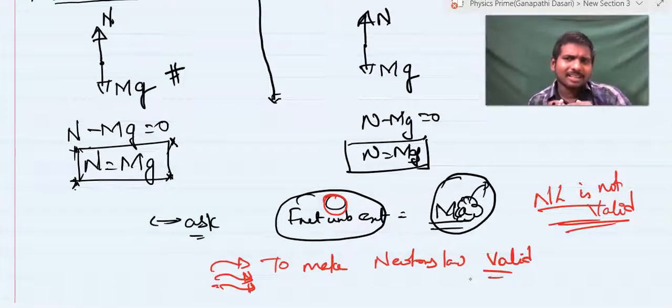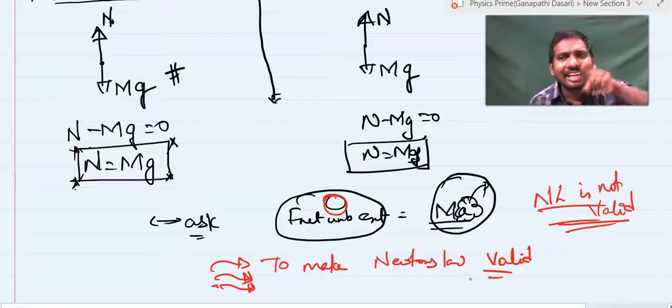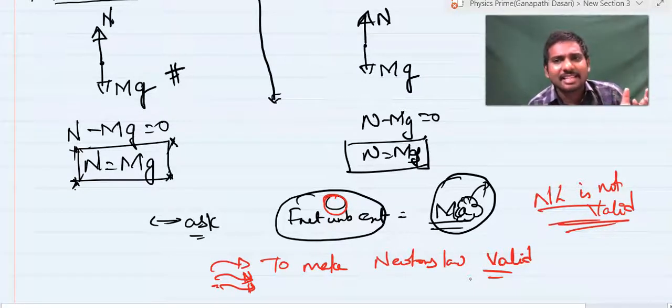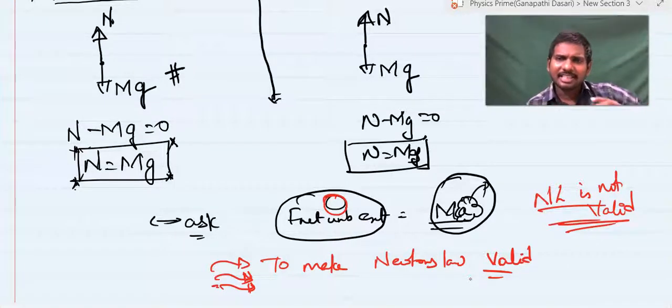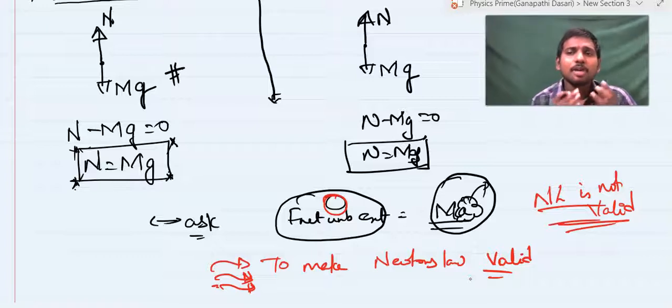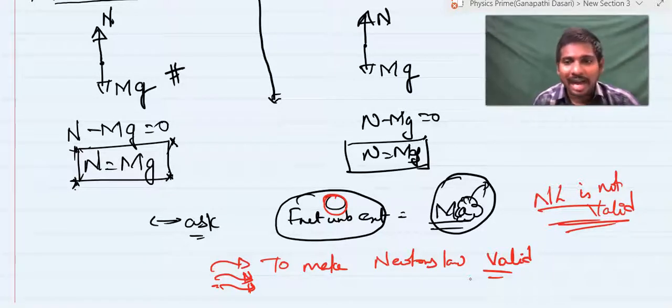So to make our Newton's law valid in this situation also, in this unrealistic situation, there's an unrealistic force, that is the pseudo force, which should be taken into consideration to make this problem valid and Newton's law can be applied. How?